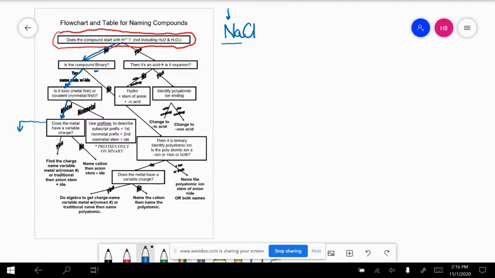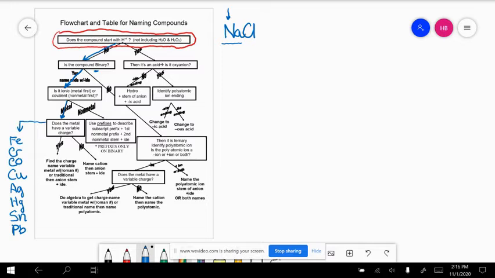But the variable charge metals you could make note of are our 3 musketeers, our lowest L, and then tin and lead.